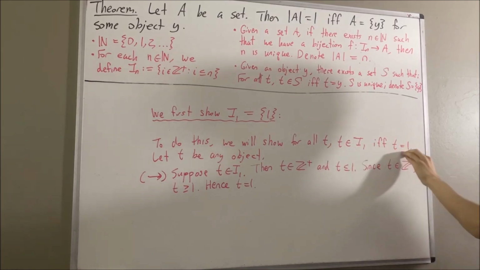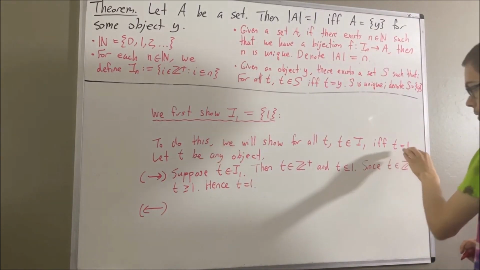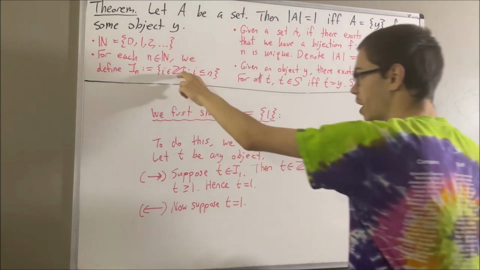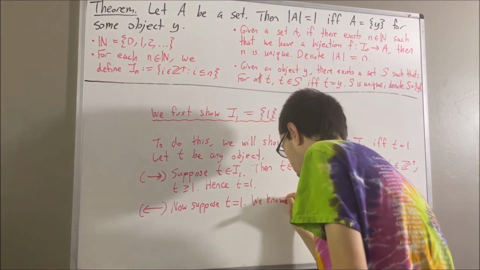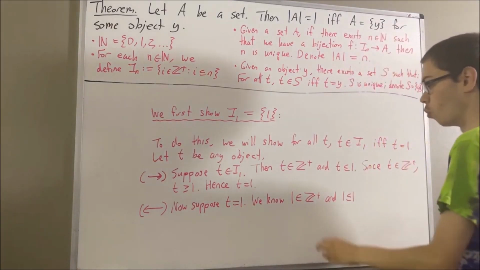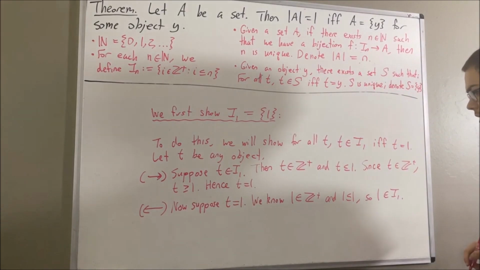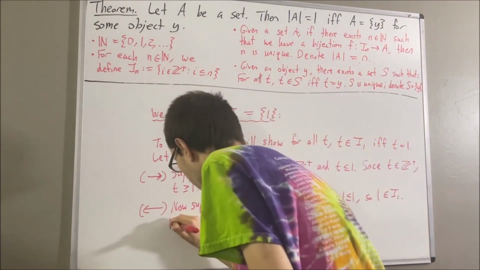Now we're going to prove if this is true, then this is true. To do so, suppose t is equal to 1. Well, we know that 1 is a positive integer, and 1 is less than or equal to 1. So 1 is an element of I_1, and since t is equal to 1, t must then be an element of I_1.